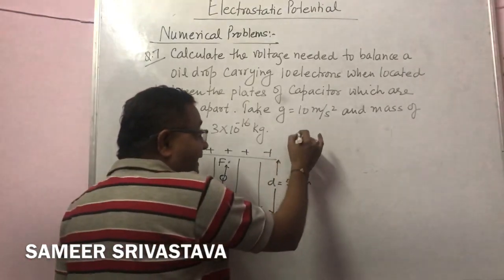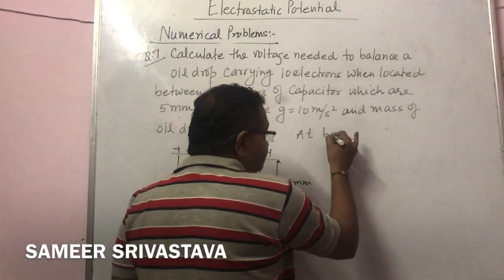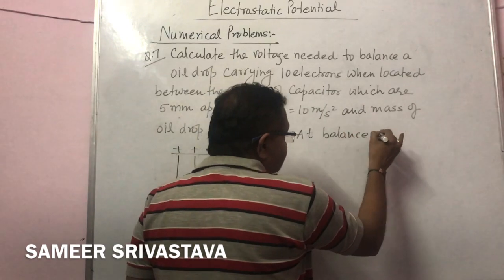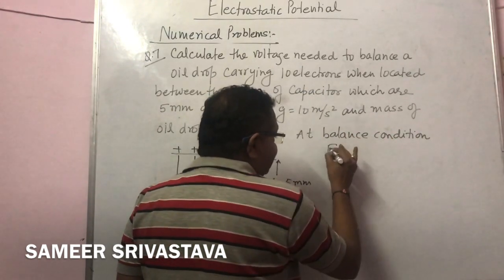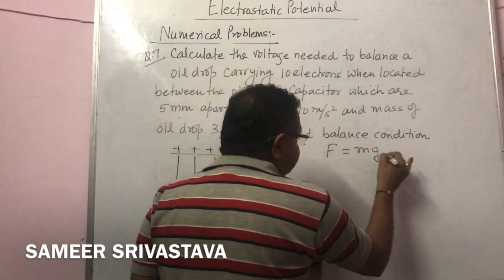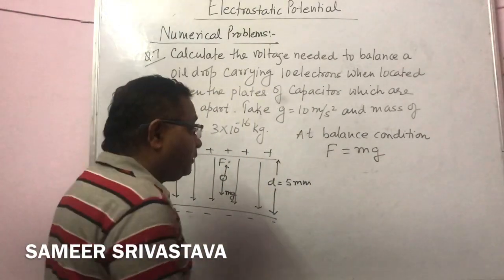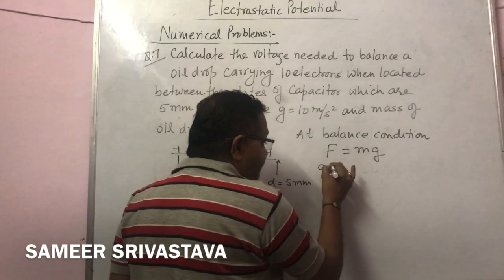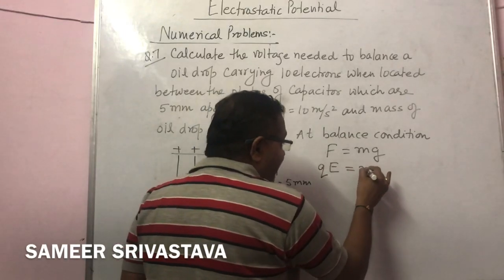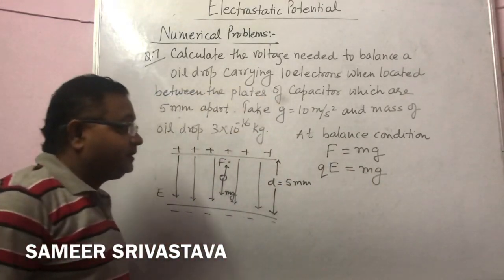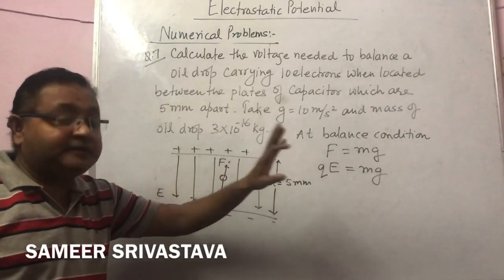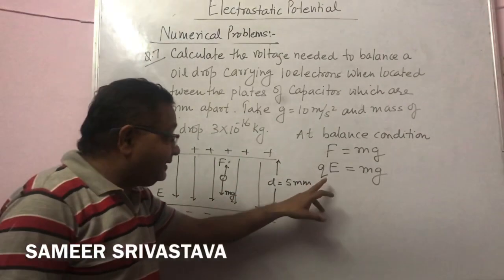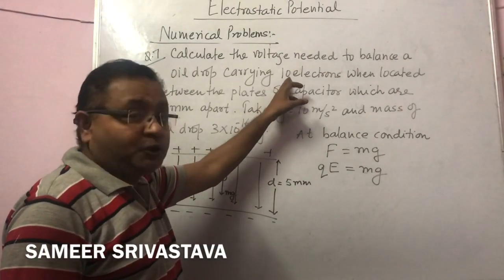So at the balance condition, we can write F is equal to mg. What about F? We know that F is equal to QE, which is equal to mg. But in this question, the values of charge and electric field are not given. But here, the number of electrons is given.